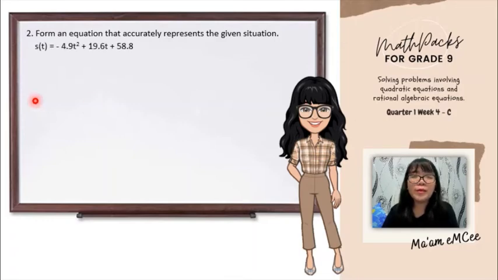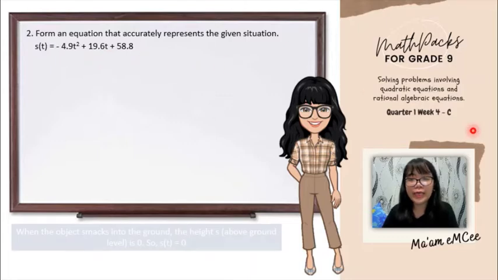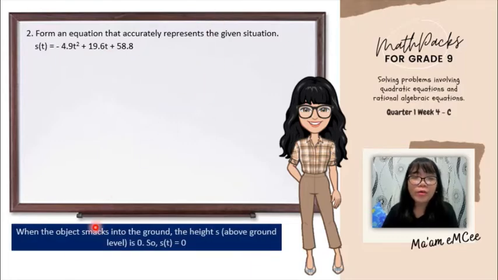But we already have our given equation. s of t is equal to negative 4.9t squared plus 19.6t plus 58.8. Remember, when the object smacks into the ground, the height s above the ground level is 0. Because remember, we are looking for the time wherein ang aton nga object malanding sa ground. That means our height by that time will be equal to 0.